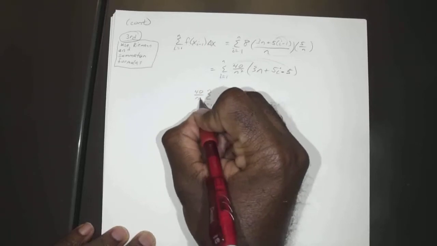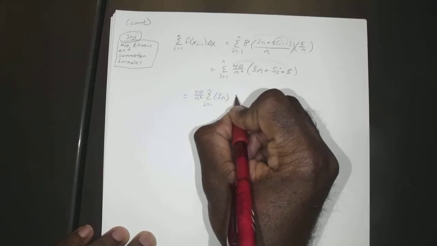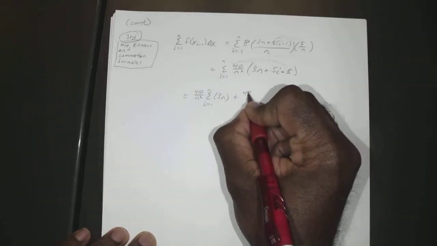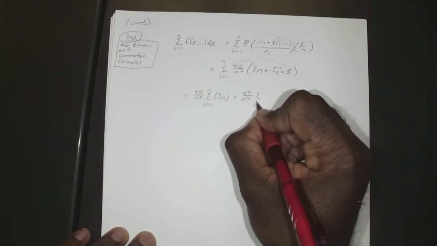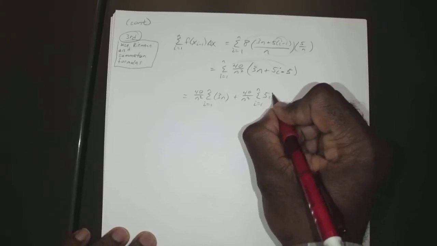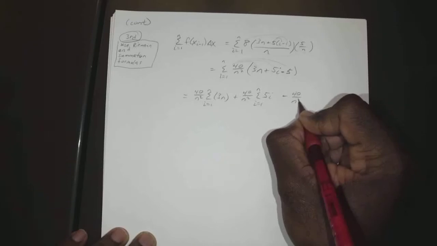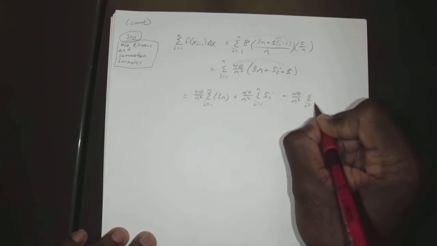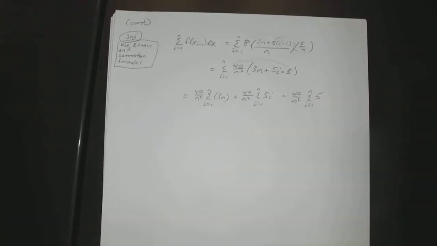So 40 over n squared of 3n, plus 40 over n squared, the sum from i equals 1 to n of 5i, minus 40 over n squared, the sum from i equals 1 to n of 5. Okay, so all we did was just distribute everything.